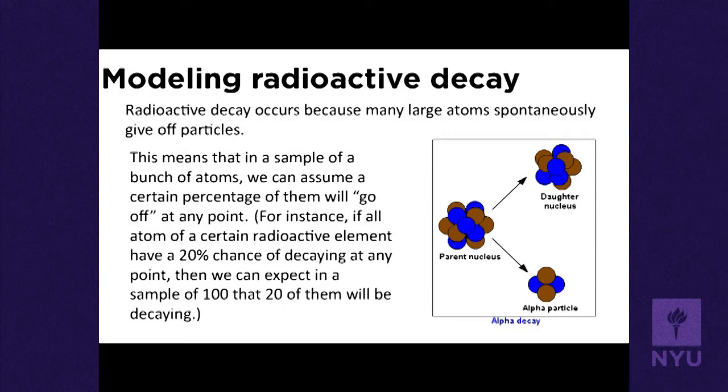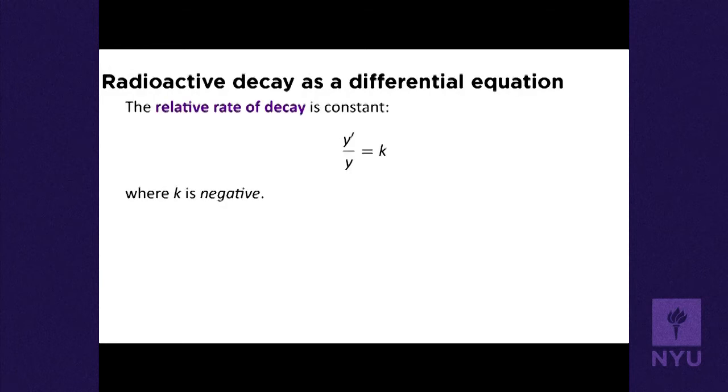Constant relative decay rate means exponential decay over time. All right, so that's why collections of radioactive material will exhibit exponential decay. The relative rate of decay is constant, but because it's decaying, it's negative. So the equation will look like y equals y naught e to the kt, but this time k will be a negative number.